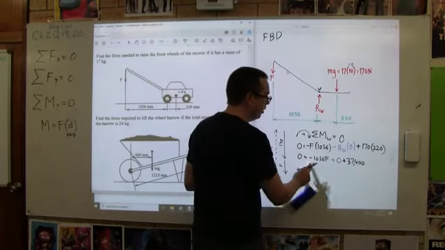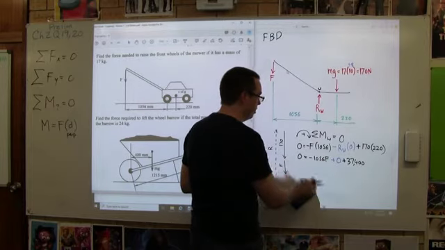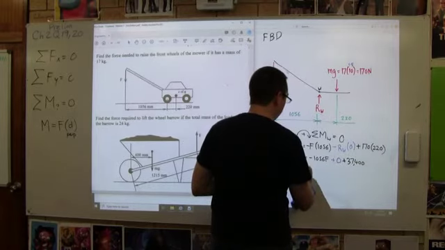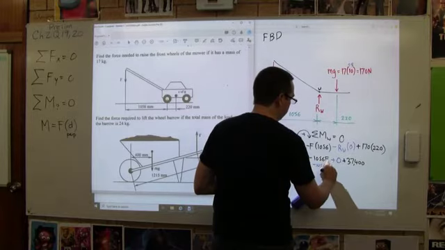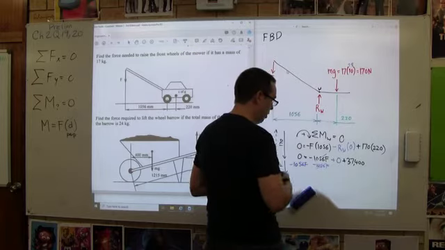What we can now do is get this F and move it over to this side of the equation. So we add 1056F to both sides. They will cancel out.